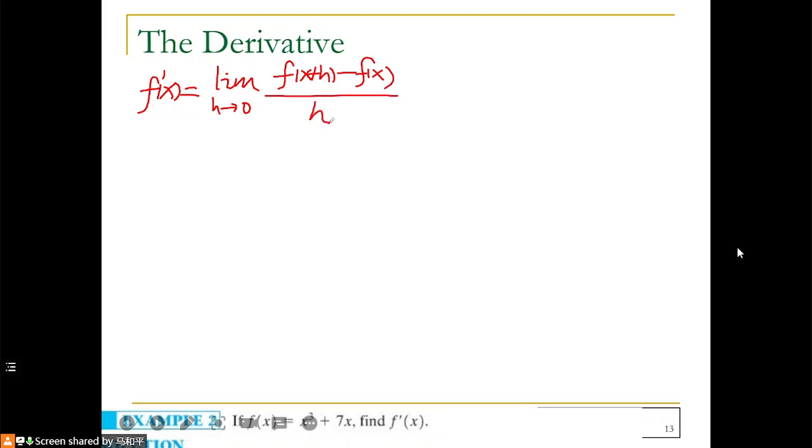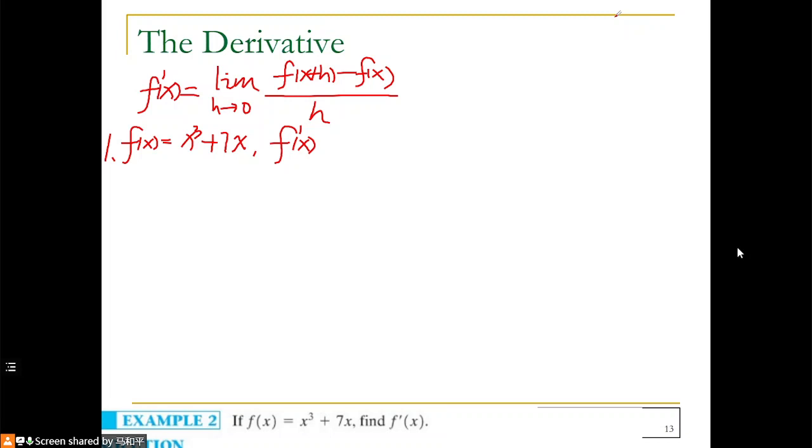Now example 1: f(x) is x cubed plus 7x. Find f prime of x. Okay, try.